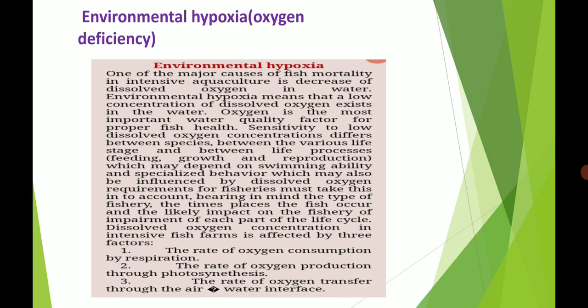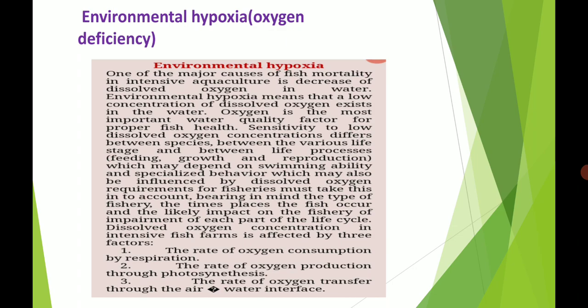Sensitivity to low dissolved oxygen concentrations differs between species, between the various life stages, and between processes such as feeding, growth, and reproduction, which may depend on swimming ability and specialized behavior, which may also be influenced by dissolved oxygen. Requirements for a fishery must take this into account, bearing in mind the type of fishery, the times and places the fish occur, and the likely impact on the fishery of impairment of each part of the life cycle.